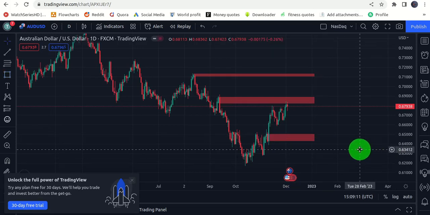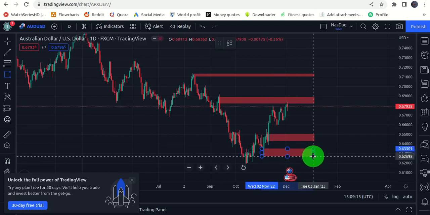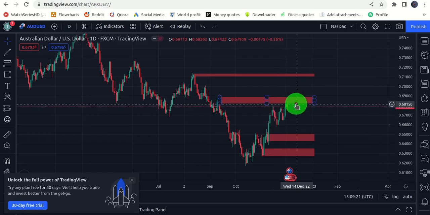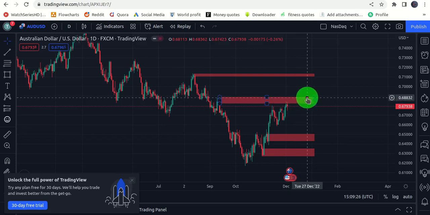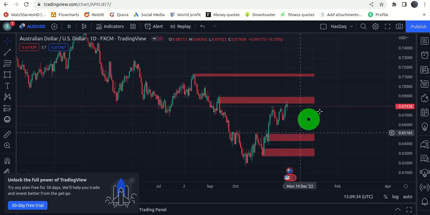So for AUD USD, that's where we are. I'm also thinking of a sell, but before we can sell, I think maybe the market can just come inside of this order block a little bit, and then maybe in the middle of this order block, and then finally sell off.